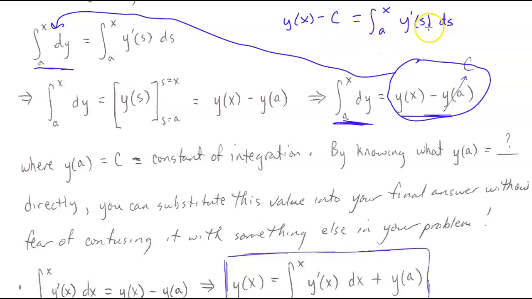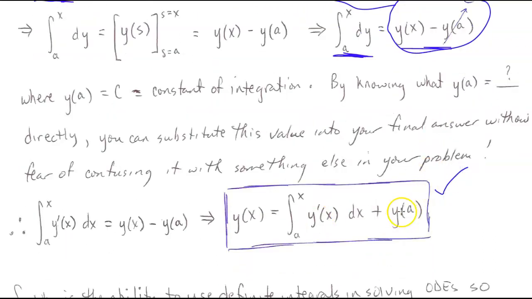And remember that x and s are actually the same exact thing. So I could take these s's out and replace them with x's because they are essentially the same. And so if I added c to both sides here, then you'll see that what I have is just y of x, and then I have the definite integral of the derivative of y with respect to x from a to x, plus c. And that's exactly what we have here, where y of a is equal to c.